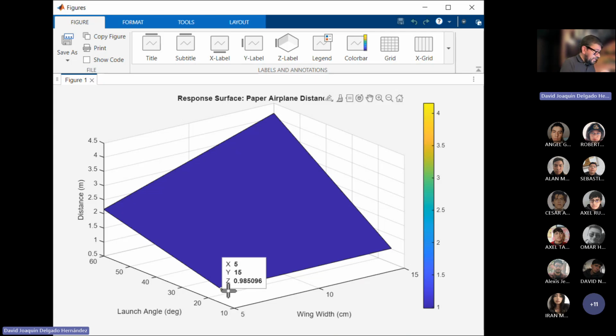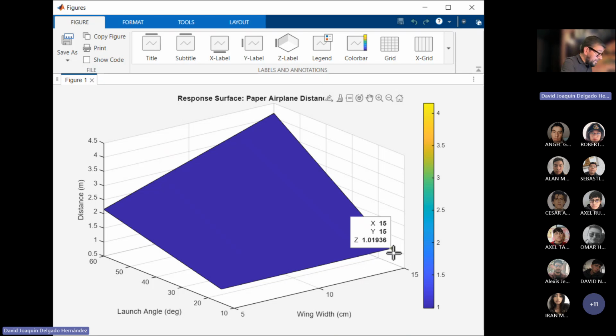What happens if you have in this point here 15 centimeters in the wing width and the angle is 15 as well? You can fly a little bit more, which is 1 meter and 1 centimeter approximately.